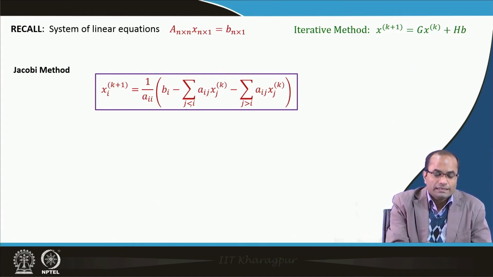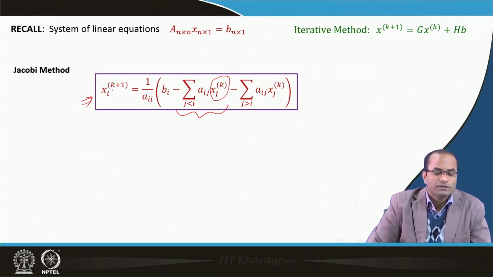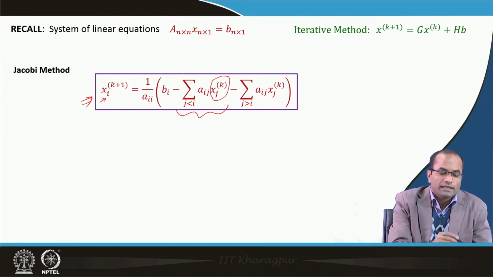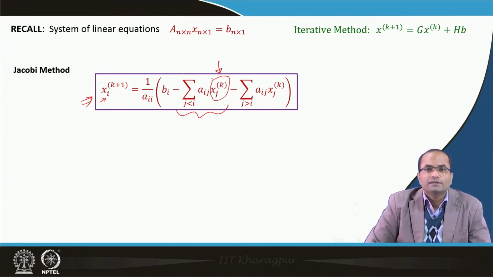That means in this sum, whenever j is less than i, these x j's are available from the same iteration, because we are computing, let us say, first x 1, then x 2. So, when we compute x 2, x 1 is available, which can be used here in this first summation.